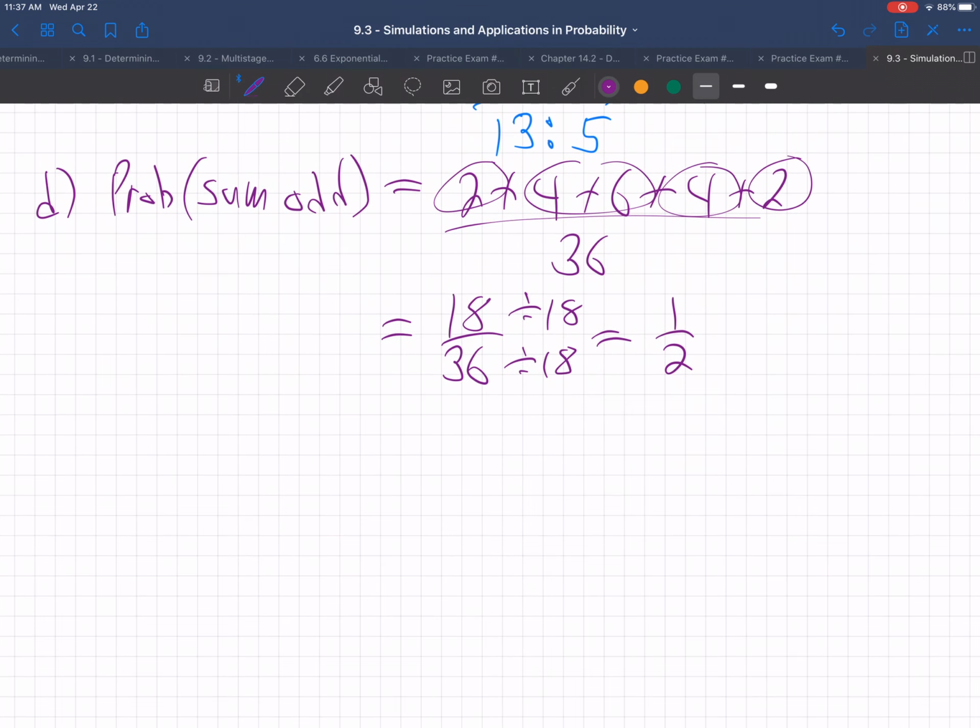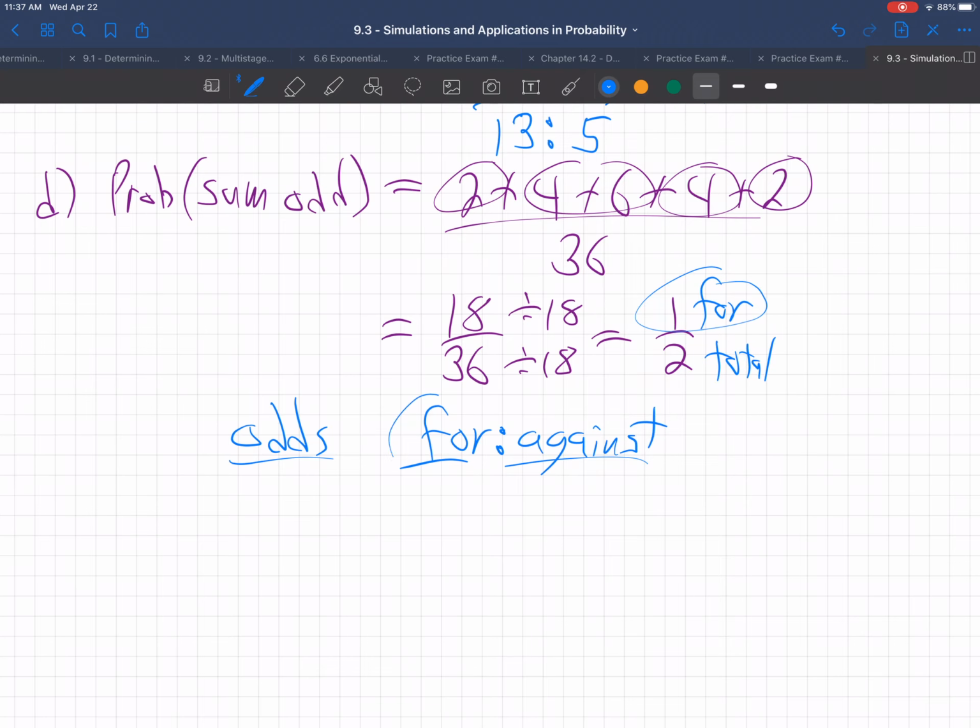So now we gotta make that into odds. So the odds is going to be for colon against. Probability is for over total. So for and for, that's the same. And if there's 2 total, one of them's for it, how many against? Must be 1, right?